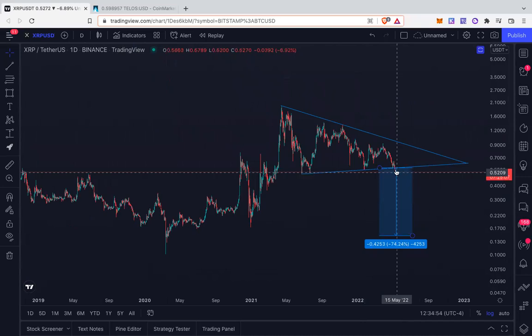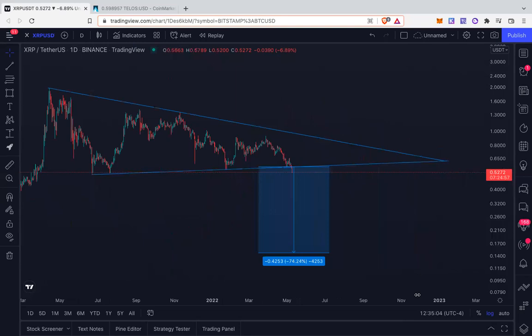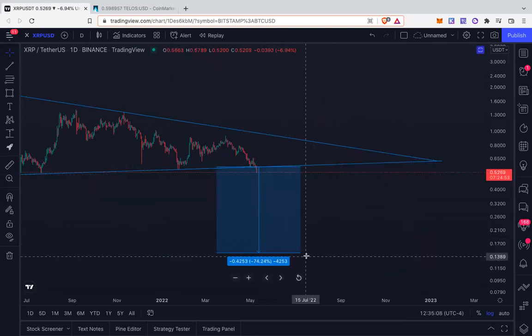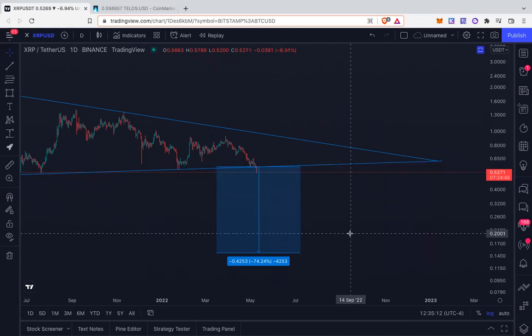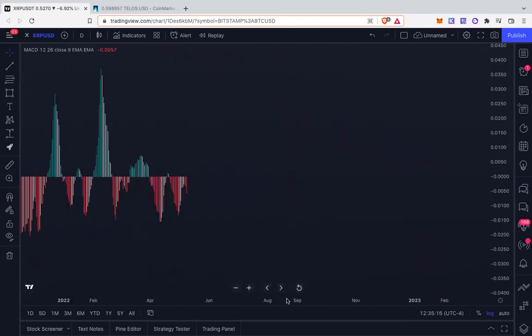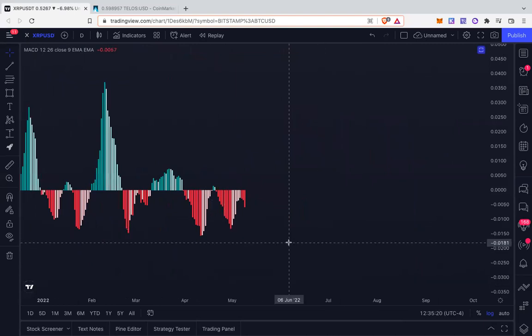Everything is just bearish, and as of now, it looks like we're breaking out of this consolidation bearishly, unless somehow we miraculously have a pivot and get back into this pattern. Target is around 15 cents. There was some divergence forming on XRP on the daily, on your MACD.